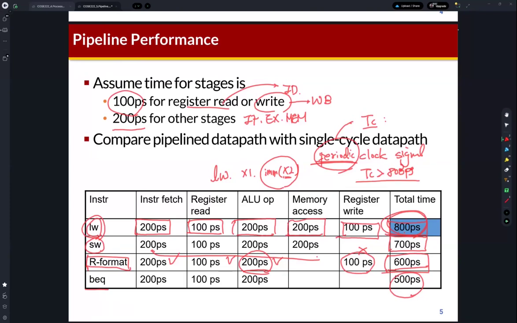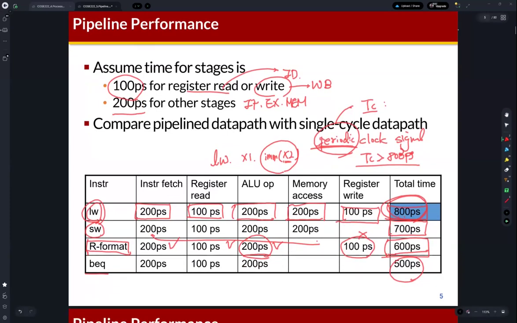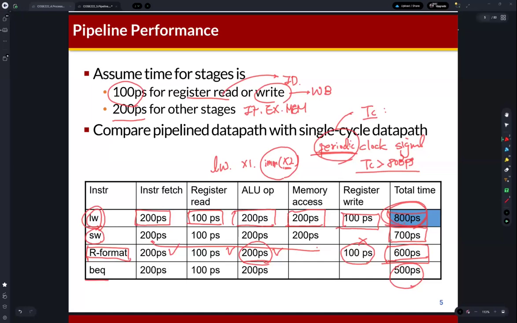So that's why in a single cycle processor design, in this example, the single cycle processor has a clock period of 800 picoseconds, right? And then let us assume that these steps are split into 5 stages, okay?